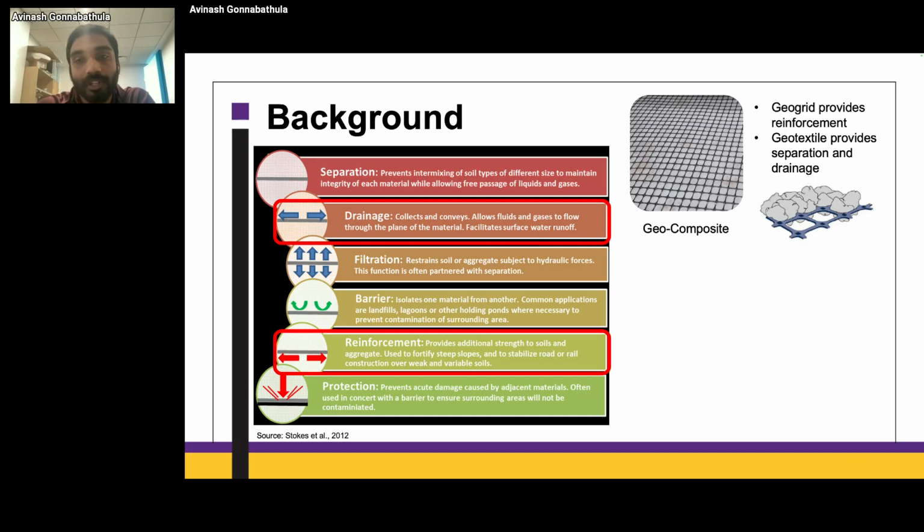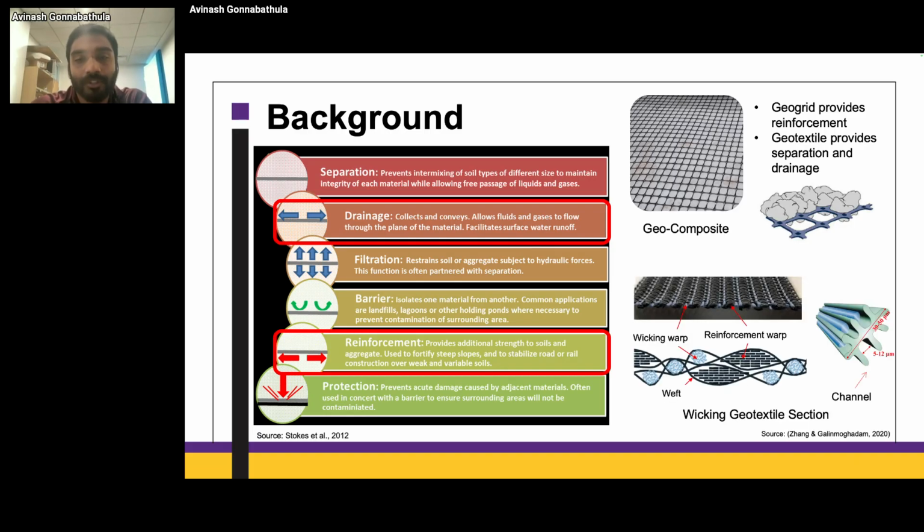However, the non-woven geotextiles are often considered very ineffective in unsaturated conditions, as they only perform when the soil is highly saturated for drainage. So, as an alternative, a new type of geotextile was proposed, which is a wicking geotextile. It has reinforcement wraps and wicking wraps.